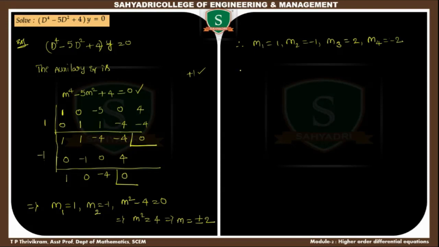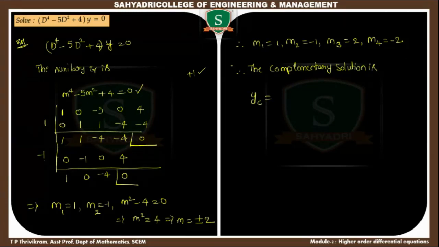So therefore the complementary solution is, how much? yc is equal to, all are distinct, all are different numbers.